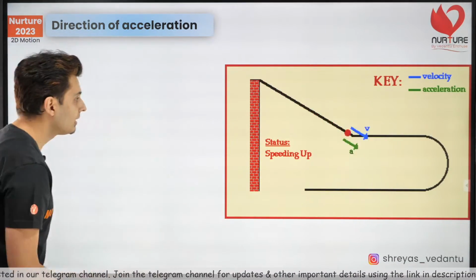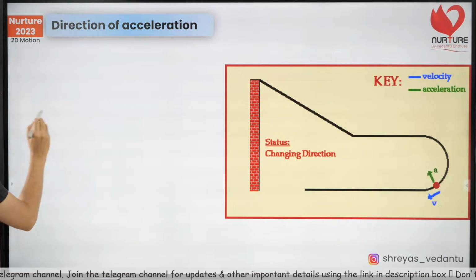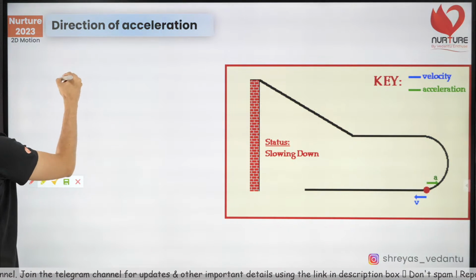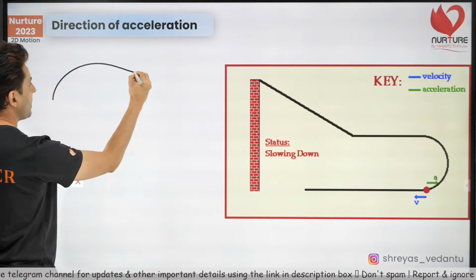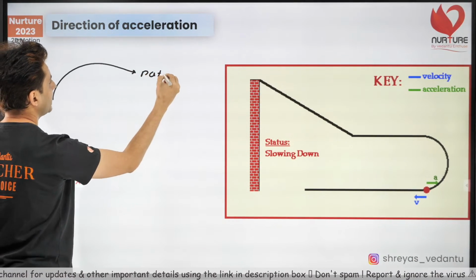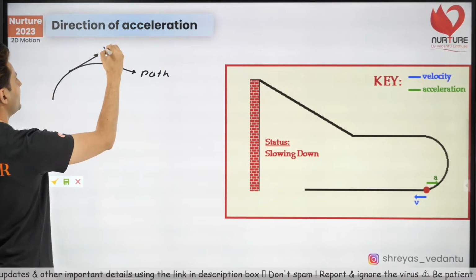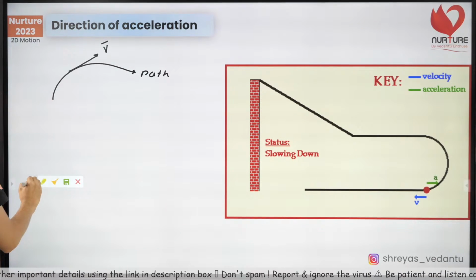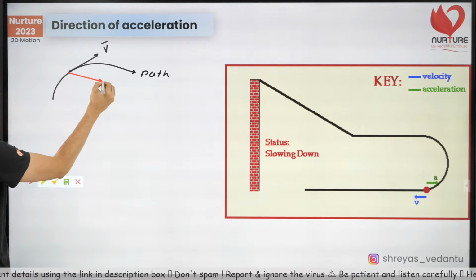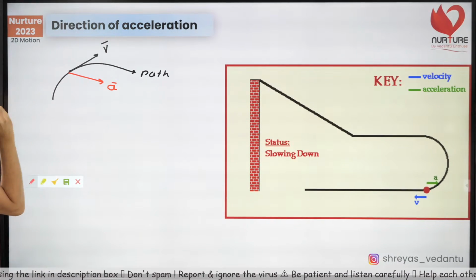So the point that I want to make over here is that, let's say this is the path taken by a particle, the velocity could be here, but the acceleration could be anywhere else. This could be the acceleration. Understand that.